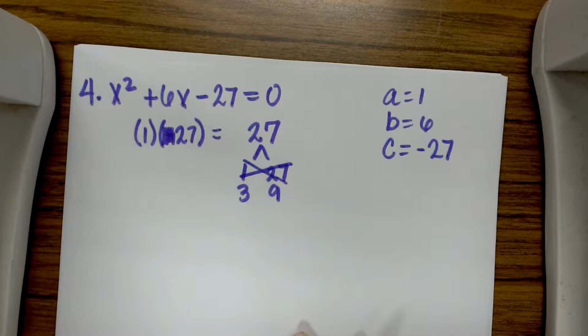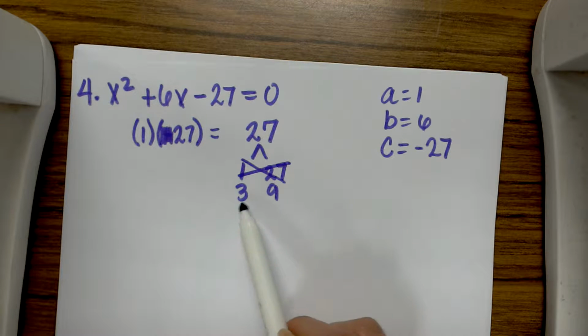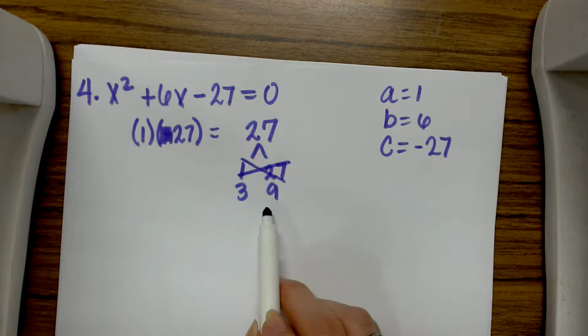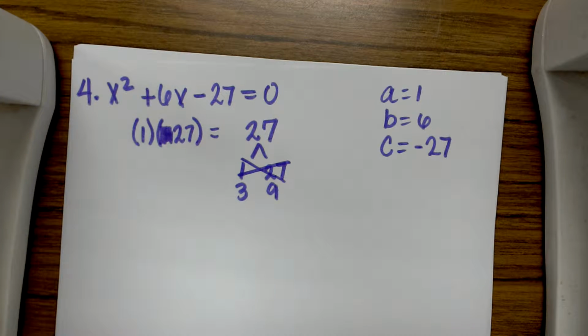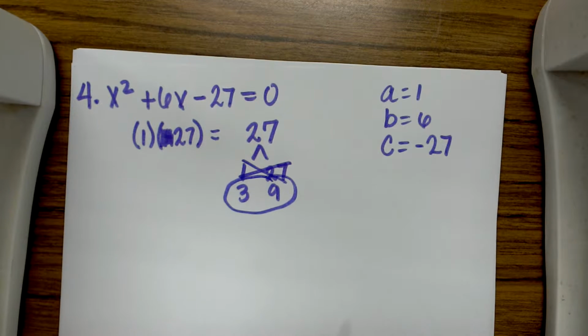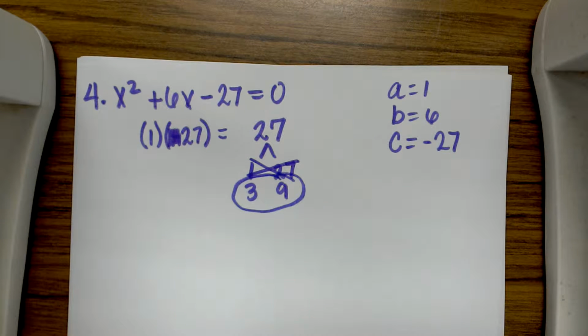So, what were we doing? We were adding and subtracting our factors to see what our b is equal to. In this case, if I add these two together, I don't get 6, but if I subtract 3 from 9, I get 6. So, these will work. But when we rewrite it, we have to make sure we get our b to equal 6.